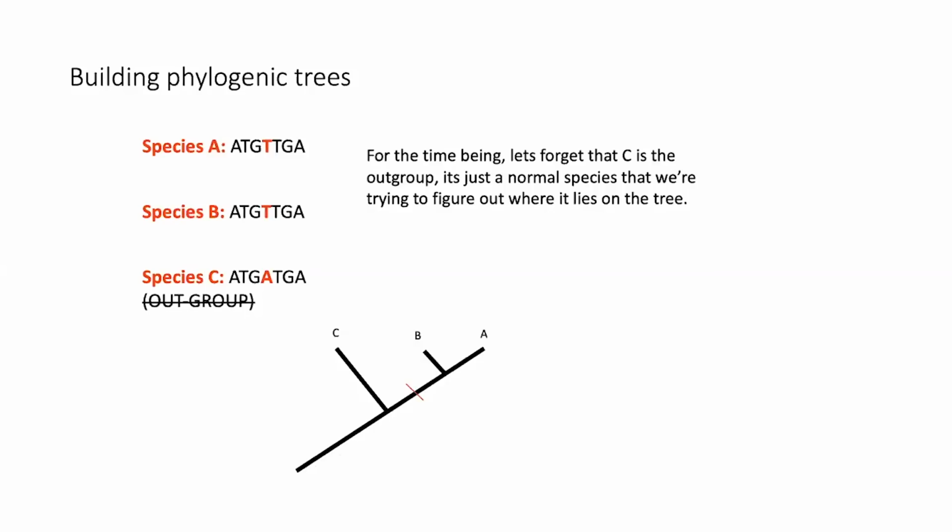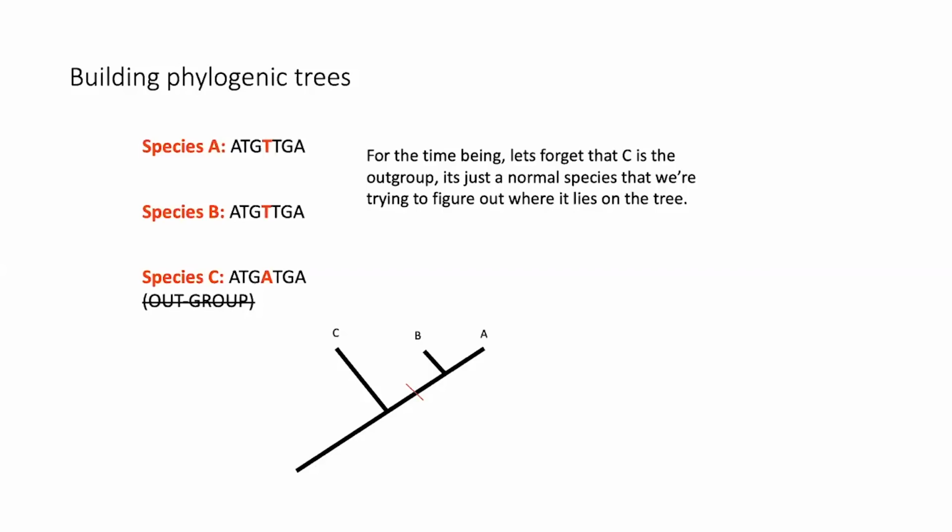Okay, so now I want to get back to building phylogenies and how you translate these DNA sequences into these structures. For this example, I am going to remove C as the outgroup. It's no longer the outgroup. It can be moved into different positions in this tree, and this is just a simplification that I'm doing for the course.